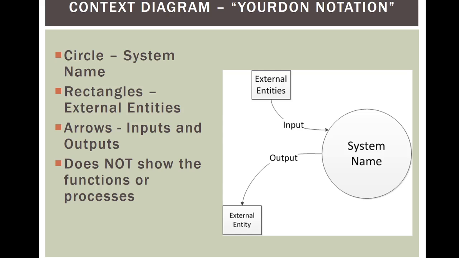All right. So here is the real basic context diagram, right? We have the system there in the circle, and then we have inputs with the arrow in, and the external entities in boxes. An example here would be utilities. There would be different inputs coming out of utilities, like gas, sewer, all that good stuff.